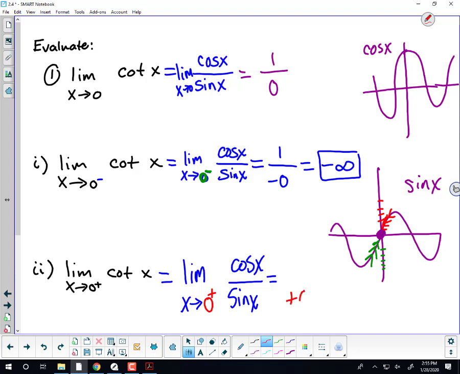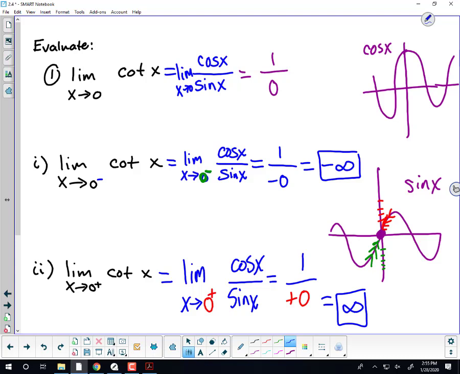So this one would be 1 over small positive values, which of course is positive infinity. And if you get stuck with other trig functions, think about them in terms of sine and cosine, and hopefully you remember those.